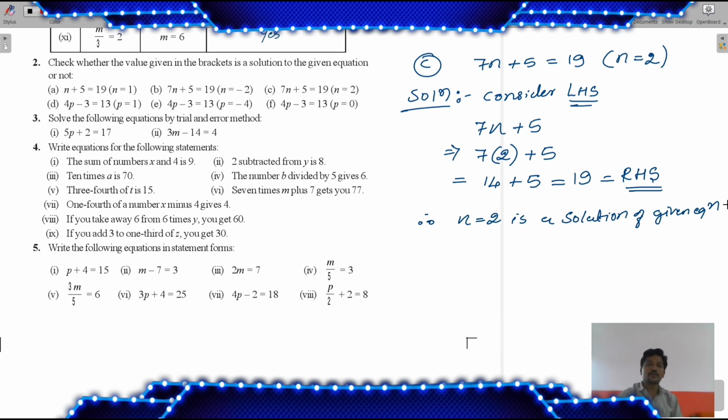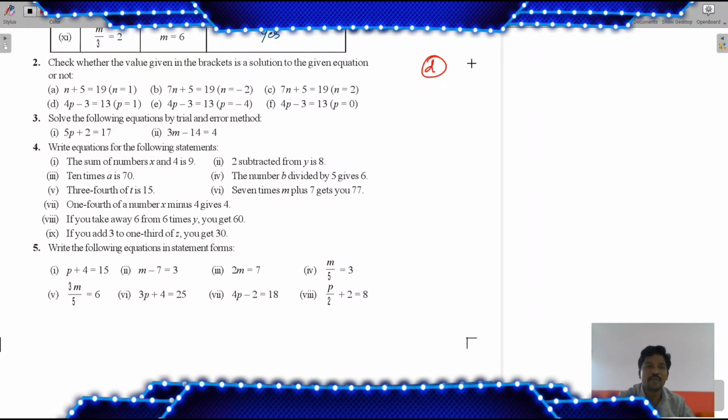Right? Okay. Next problem, D. 4p minus 3 is equal to 13. What p value has he given? We need to check whether p equals 1 is a solution of the given equation or not.